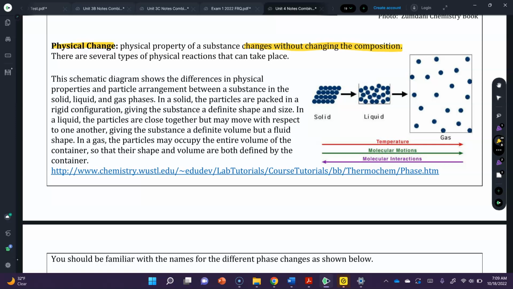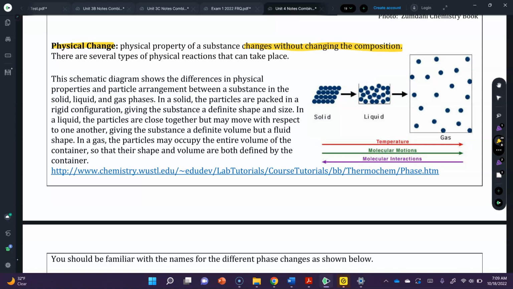This diagram to the right shows the differences in physical properties and particle arrangement between the substances in solid, liquid, and gas phases. In a solid, the particles are packed in rigid configuration, giving the substance definite shape and size, and as you reduce the intermolecular force attraction, so you go to a liquid, they're close together, but they move a little bit more, so they have definite volume, but indefinite shape.